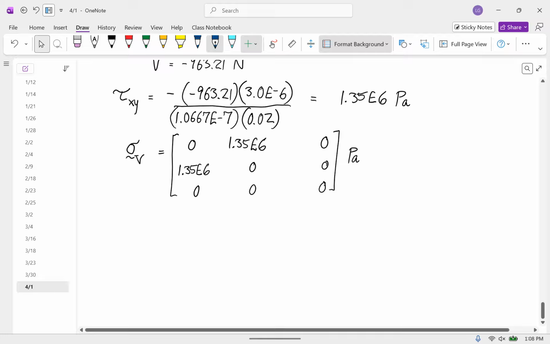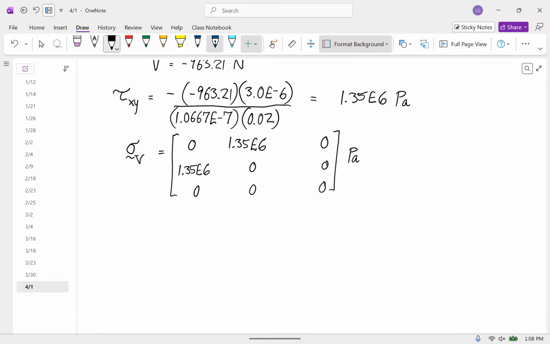Any questions about that? And so finally, our total stress tensor is just the sum of these three. So the one due to tension, plus the one due to bending moment, plus the one due to shear force.